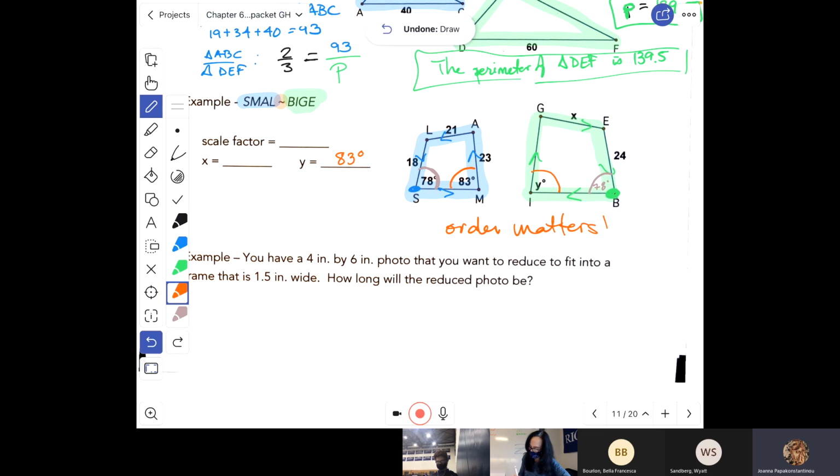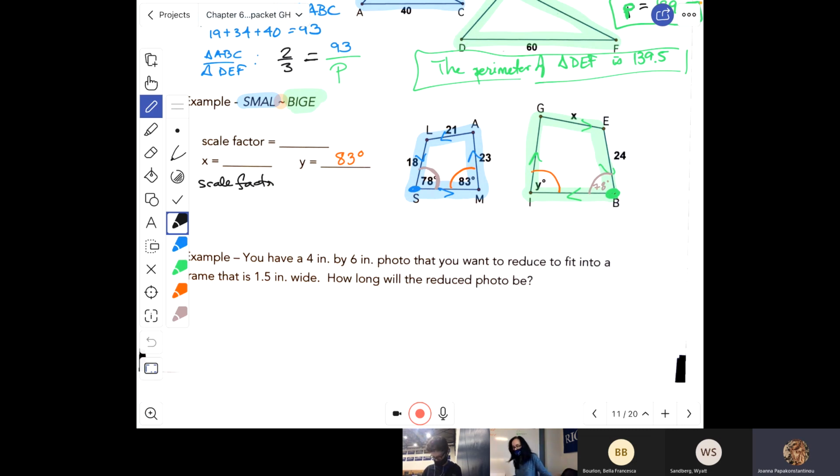Okay, I'm gonna need that space, so I'm taking it back. All right, I need to find X. So in order to find X, what might I want to find first? This is a proportion. So, well, I'm gonna look for the scale factor, right? And to find the scale factor, well, I have to choose. Am I doing blue to green or green to blue?